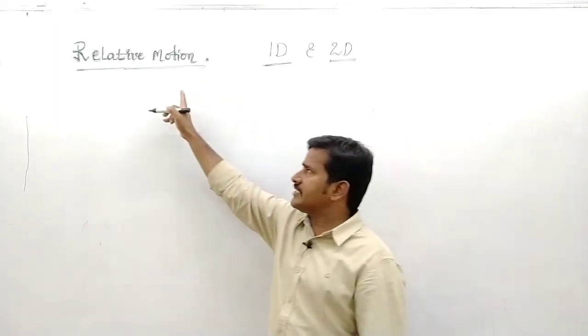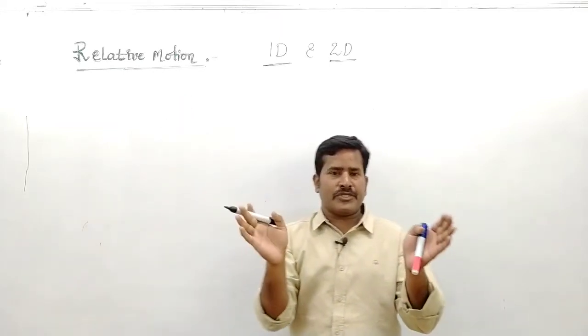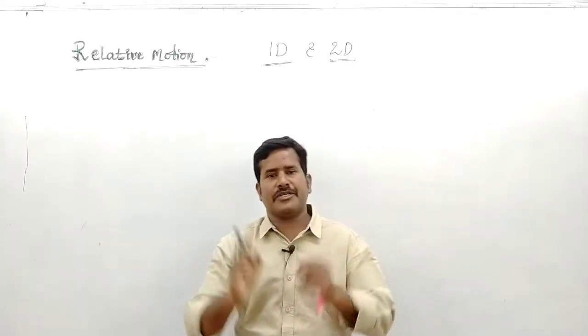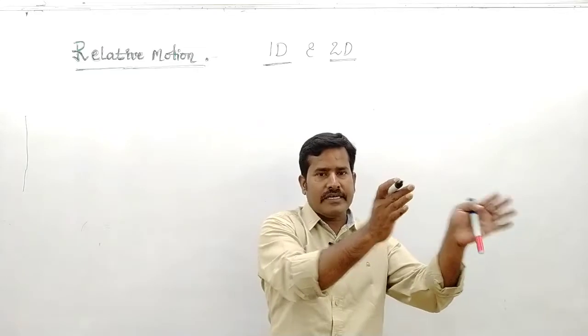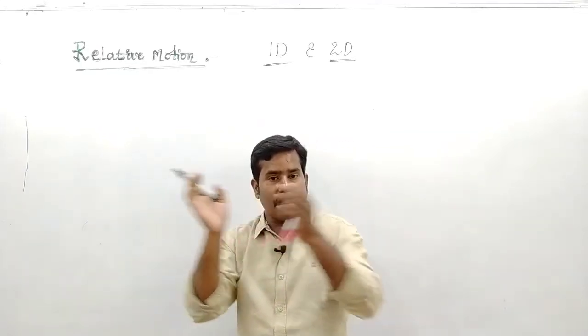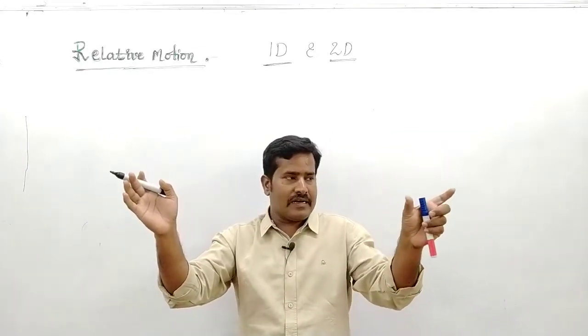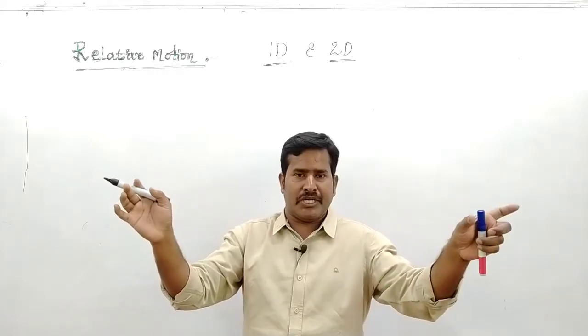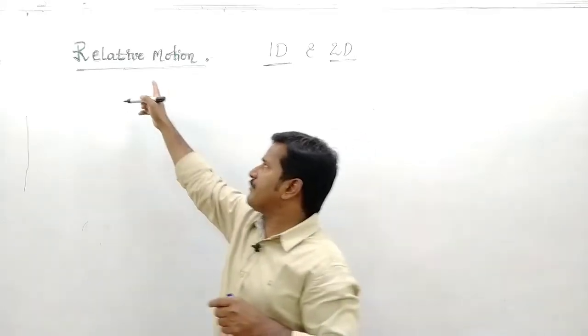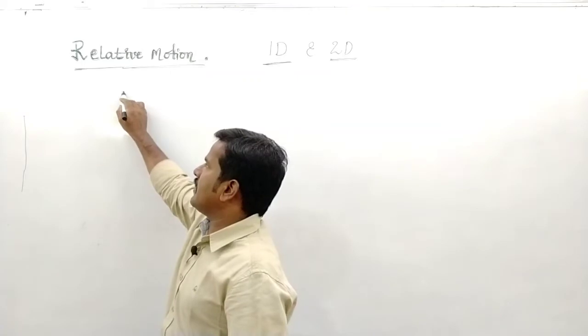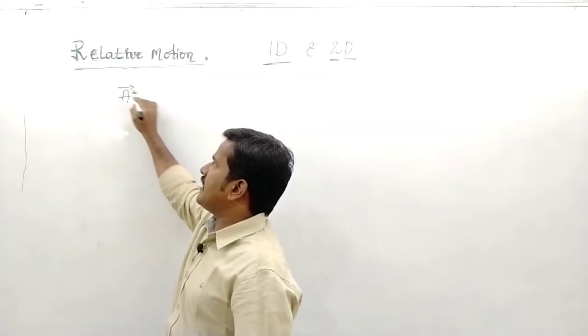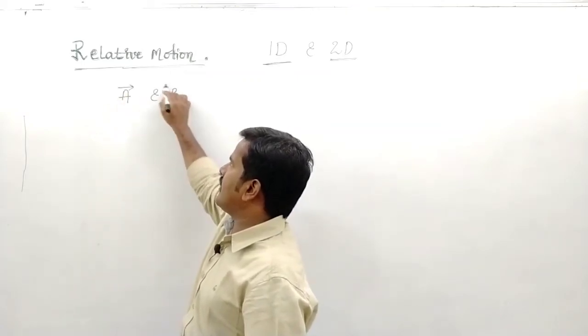But what is relative motion? Relative motion is a comparison. Resultant and relative are a pair of terms. Resultant is nothing but vector addition. Relative is nothing but vector subtraction. A bar is one vector and B bar is another vector.